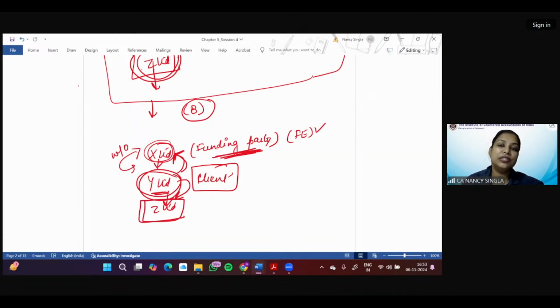Here, for this clause, who is the ultimate beneficiary? Z. The date and amount of guarantee, security, or the like provided to or on behalf of, and a declaration, again the same declaration, that the provisions of the FEMA Act 1999 and the Companies Act 2013 are complied with, and there is no violation of the Prevention of Money Laundering Act 2002.